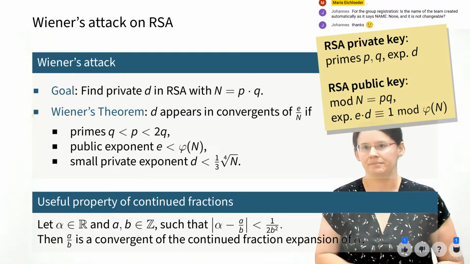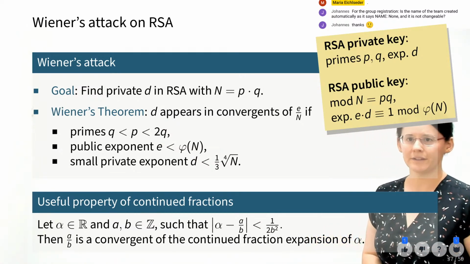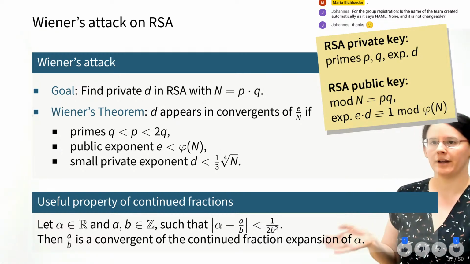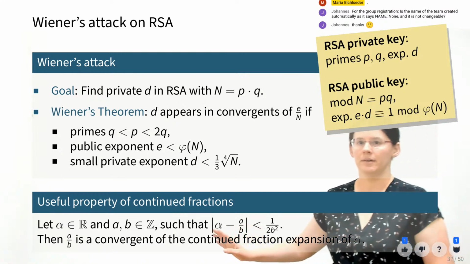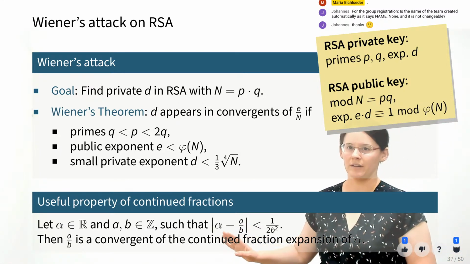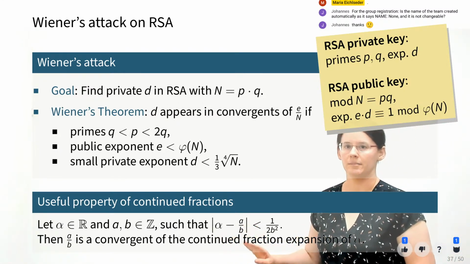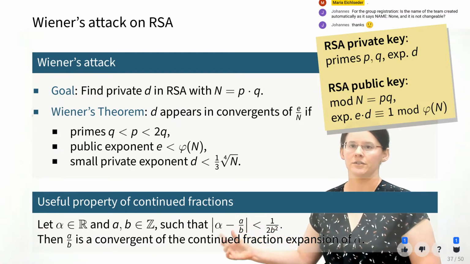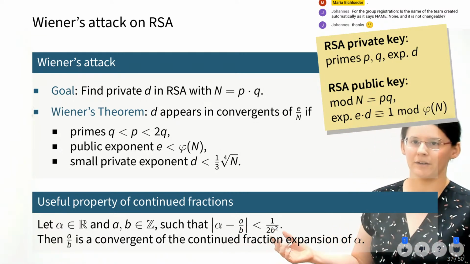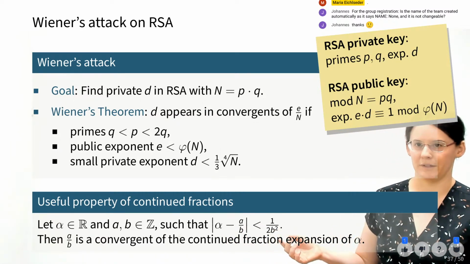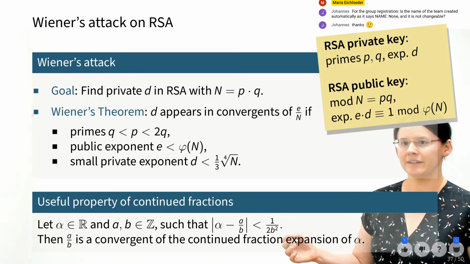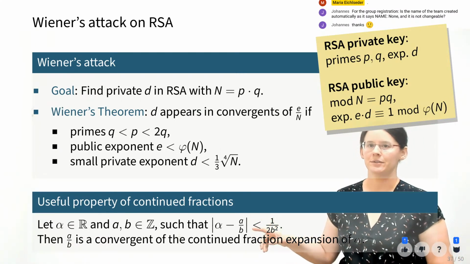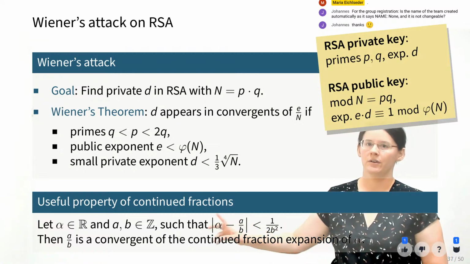And the reason for this, or one of the useful properties for this, is that if we have some value alpha and a rational approximation for this number, and those two are very close together, so the distance is at most approximately 1 divided by b squared, then we can guarantee that the fraction a divided by b actually happens to be a convergent of alpha.